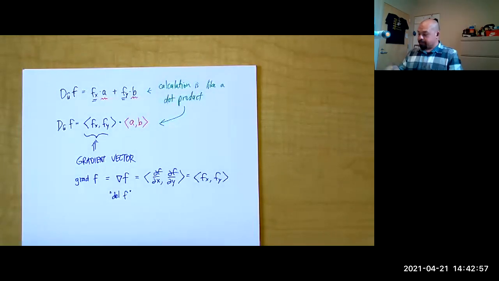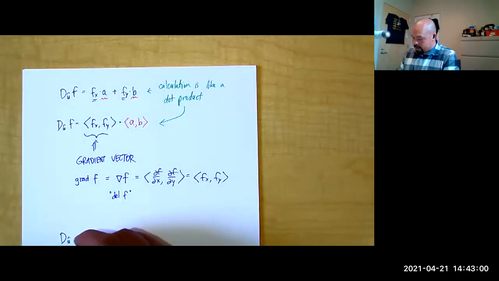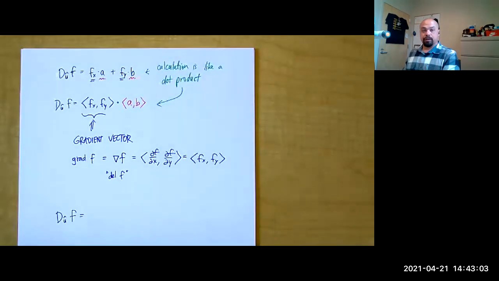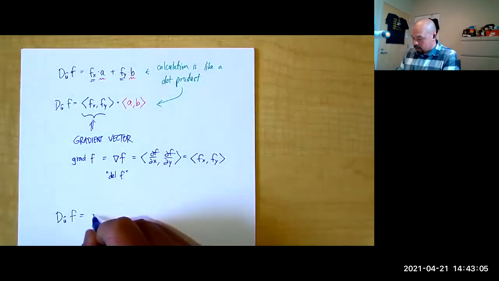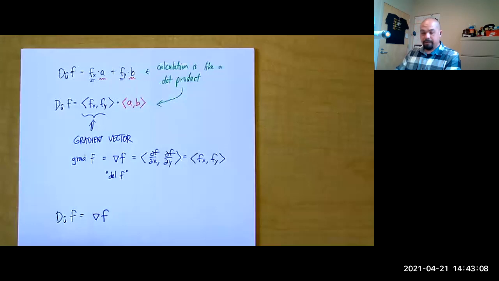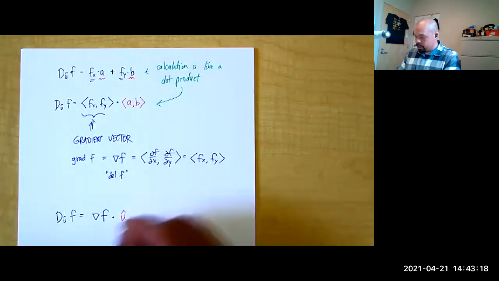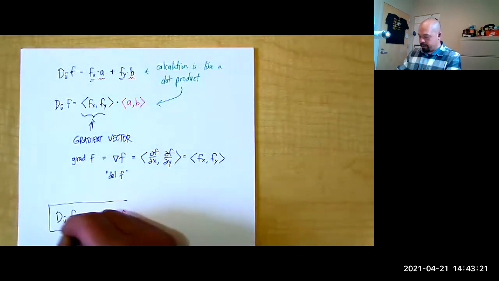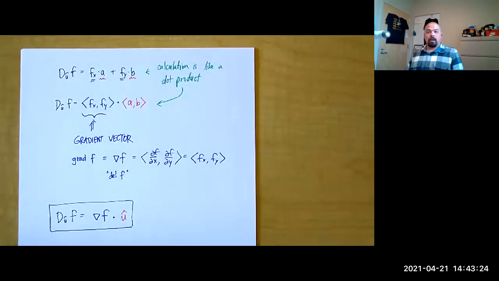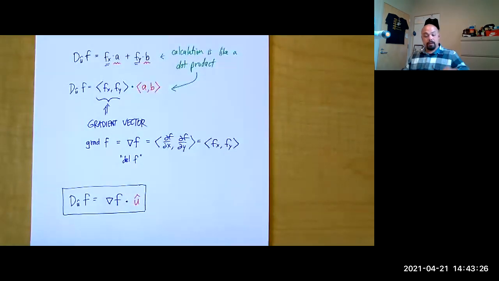And so then our directional derivative, we can see it as our gradient vector of f dotted with that unit vector u. Okay. And so that gradient vector is going to be used in a lot of our different calculations and tools as we go along. Okay.